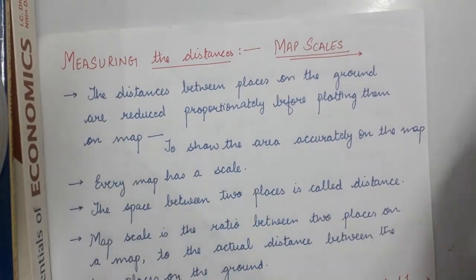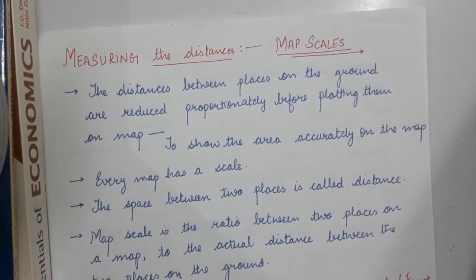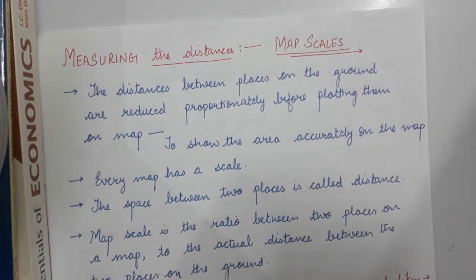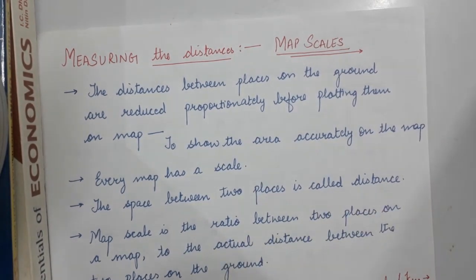So the distance between places on the ground is reduced proportionately, which means there is a proportion between the map and the distance on the ground. Both are proportionate to each other. This is done so that we don't have any problem when we find the distance on the map.